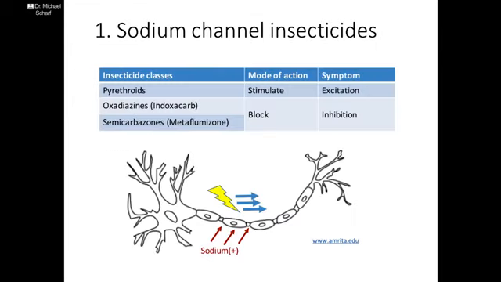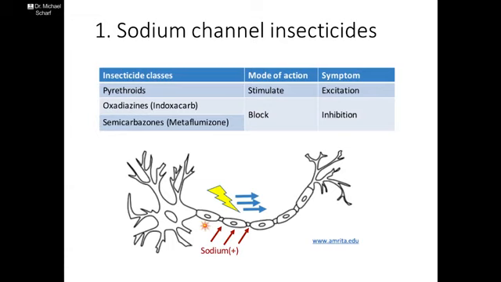So the first group I want to talk about are the sodium channel insecticides, and these are the pyrethroids, oxadiazines, indoxacarb, and then the semicarbazones, which are mostly used for ectoparasite control. And we have metaflumazone there. And so what sodium channel insecticides do, if we look down here, sodium is a positively charged element or ion, and it moves into neurons as the electrical energy is flowing down them.